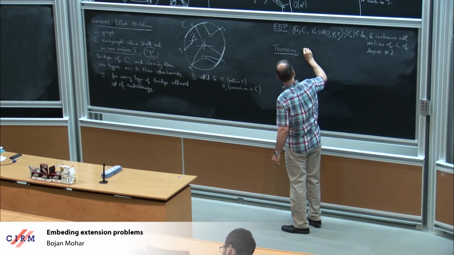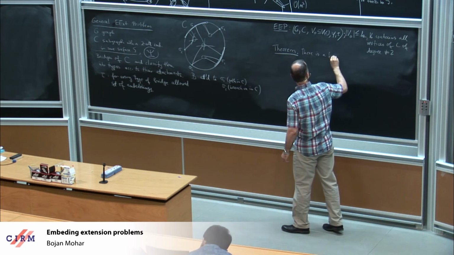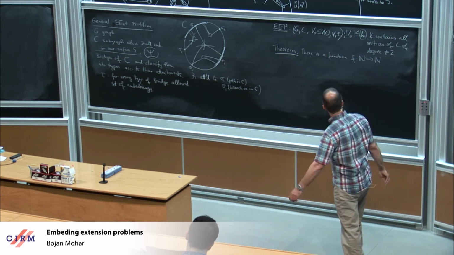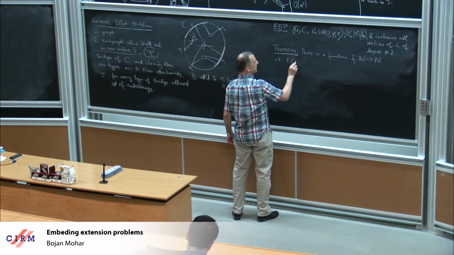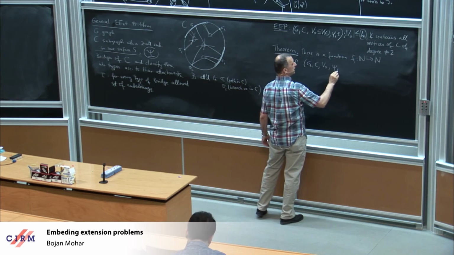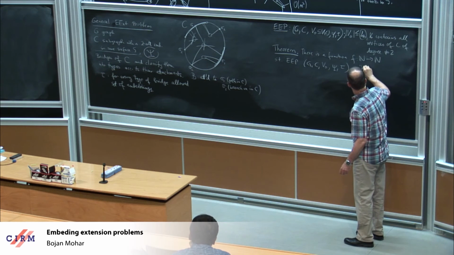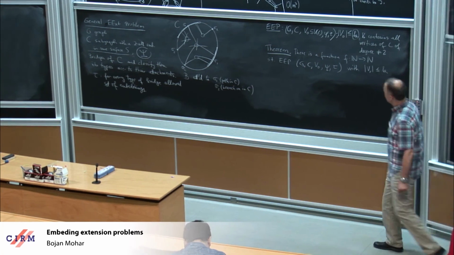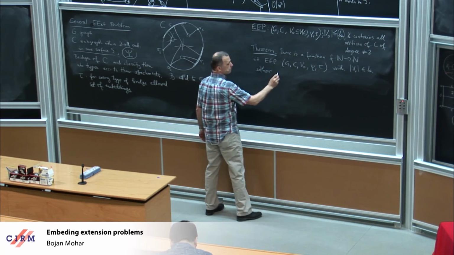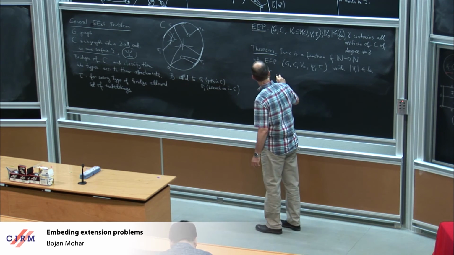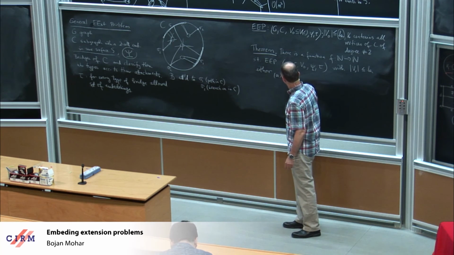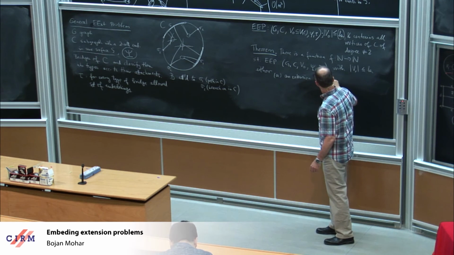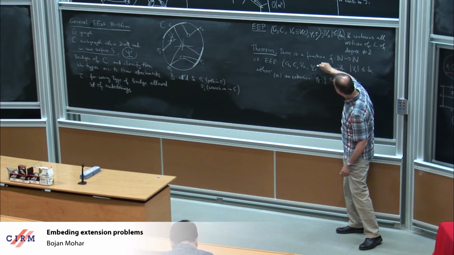So given k, there is a function f, which will depend on this k, such that every embedding extension problem, G, C, V0, psi, tau, with V0 containing only a bounded number of vertices, at most k vertices, either A, an extension exists, an extension of the embedding psi to G exists, using only these allowed types of embeddings.